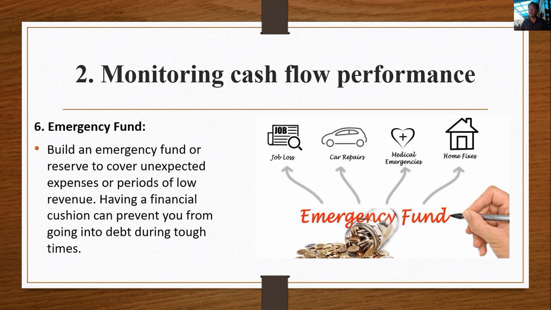So there will be times of weather conditions or uncertainties that will lower our output. Having a financial cushion can prevent you from going into debt during these tough times. So you have this amount of money that you allotted for emergency purposes, so that in case of these scenarios, you have something in your savings to use to get back in operation.